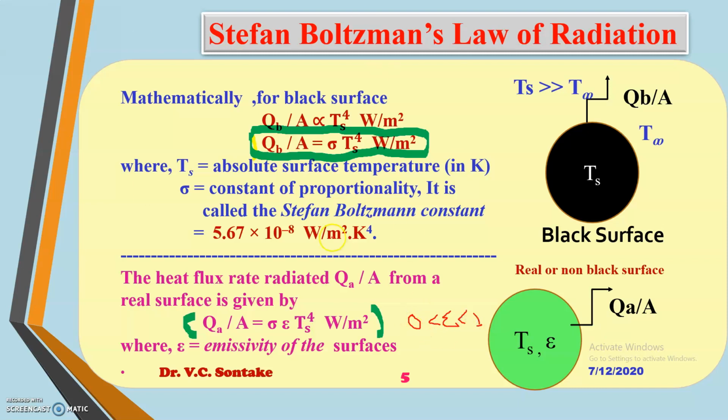If the value of emissivity is 0, the body is not going to emit radiation at all. And if the value of emissivity is 1, the body will behave like a black surface or black body. It will emit maximum radiation under that condition. So for any real surface, the value of emissivity lies between 0 and 1.